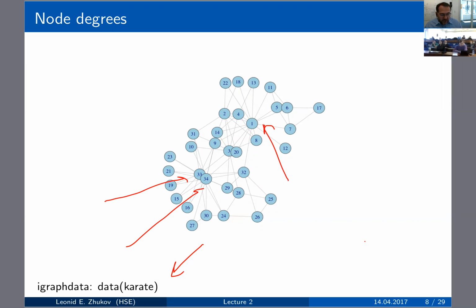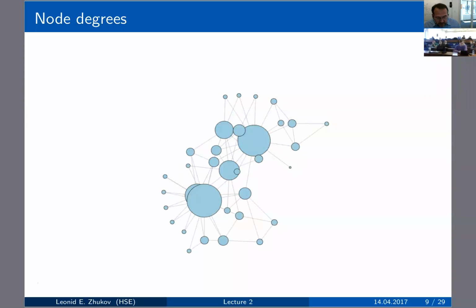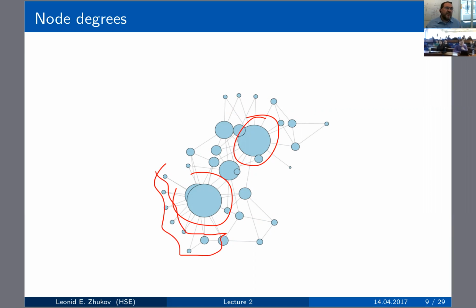A very good way to visualize this is by scaling the nodes according to their degree, and that gives you this nice picture that tells you which nodes have the highest degree, which are central in terms of degree. You realize these are two major nodes here, and the big node here. But the majority of nodes have very low degree. So visually, it's a very good technique to scale the size of the node by the node degree.